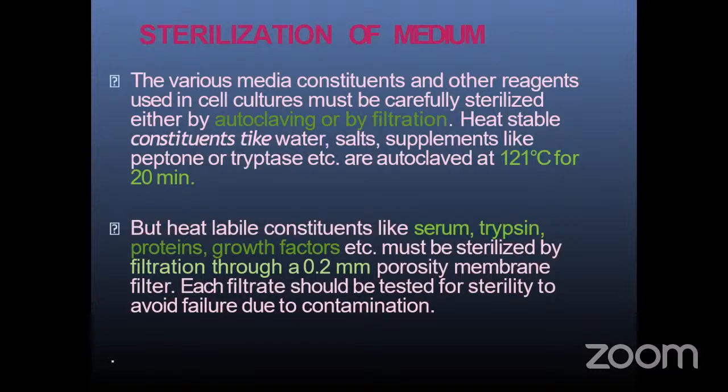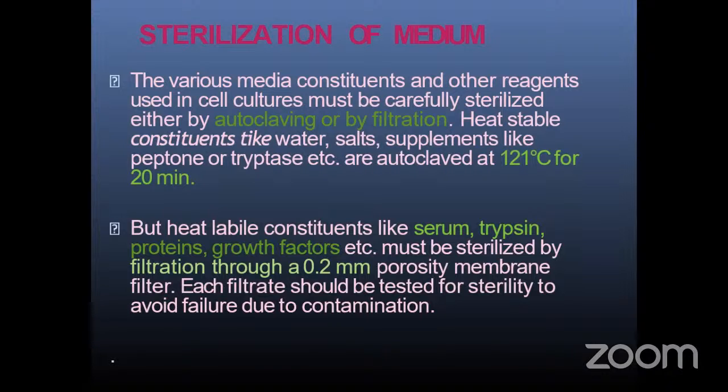Then, as I told you, sterilization is very important. So how is the medium sterilized? Various media constituents and reagents have to be sterilized very carefully. Things which are very resistant to heat, like metals, petri plates and glass, we can autoclave.